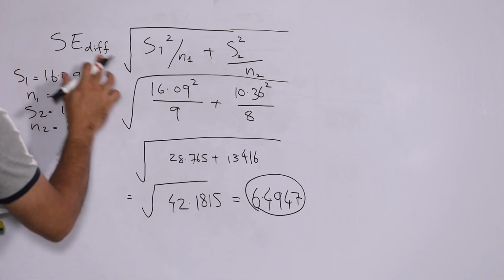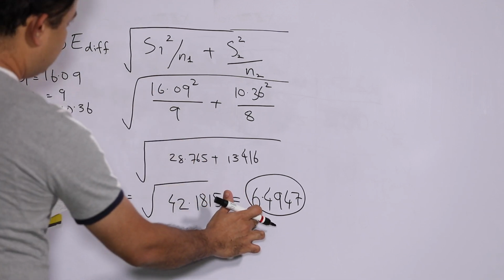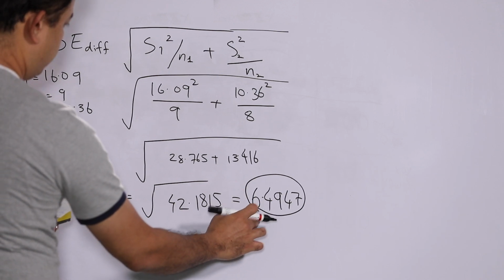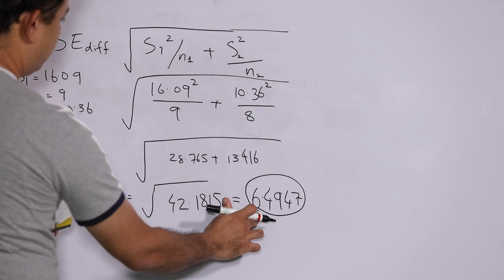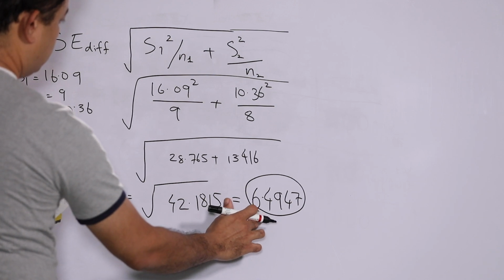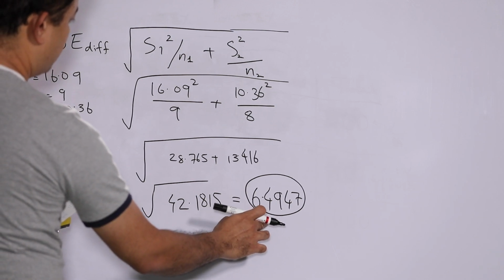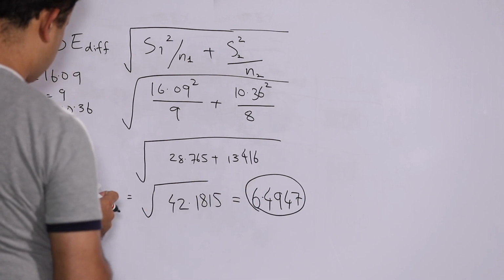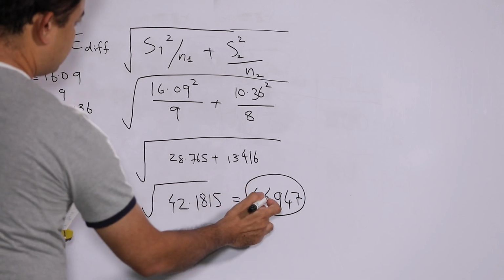Whenever you calculate the standard error of the difference between the two means, it's always better to also calculate the confidence interval. From this value, it's very easy to calculate the 95% confidence interval. We just multiply this value with the t.